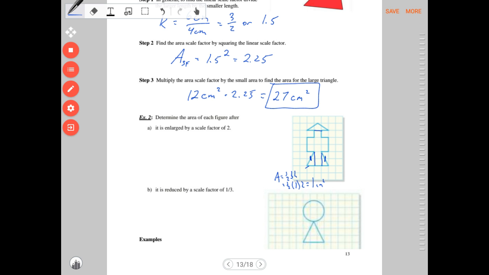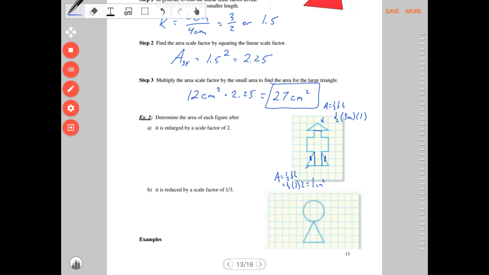Let's go up to this top triangle first. Area again is 1/2 base times height. The base is 1, 2, 3 centimeters, or units, we can call them centimeters, and the height is 1 centimeter.